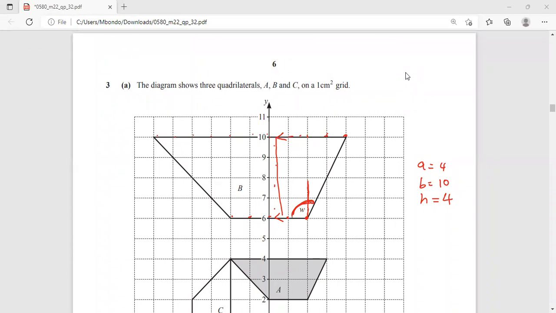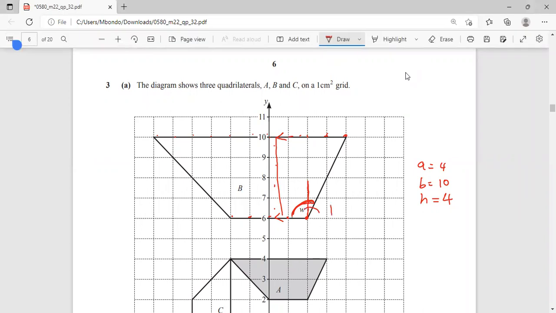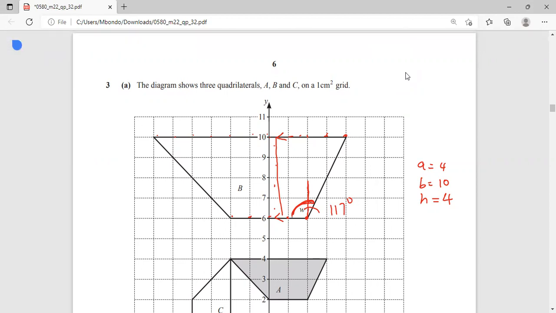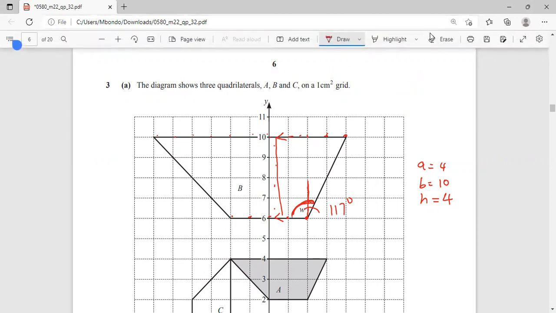Yeah, so I've tried to measure this angle. If you measure it correctly, you're going to find that it should be 117 degrees. That is what you're going to get, if you've done it correctly.